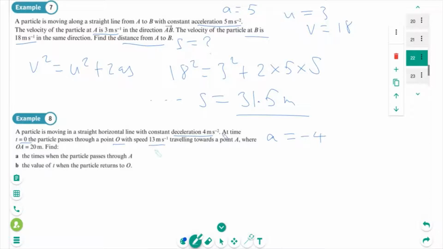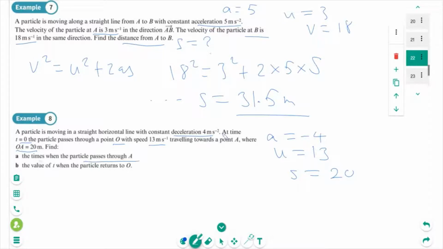So this is the initial velocity: when t equals 0, the initial velocity is 13. In the book, they've done diagrams to help. Traveling towards the point A, you're told the distance OA is 20 meters. Find the times when the particle passes through A.